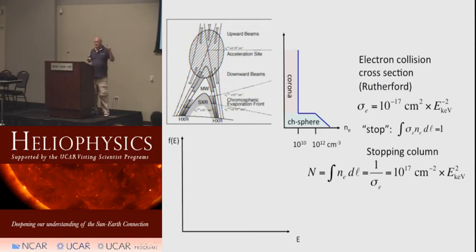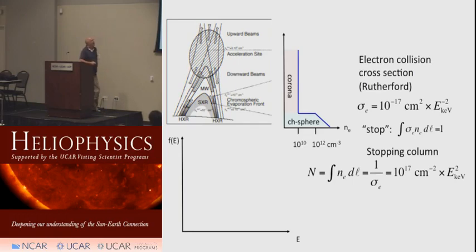Does anyone remember the chance that I will not have scattered? The probability. 1 over e. Well done. You remember. So when I say it stopped, I really mean with a probability of 1 over e, that electron will have been deflected or given up its energy. Okay.